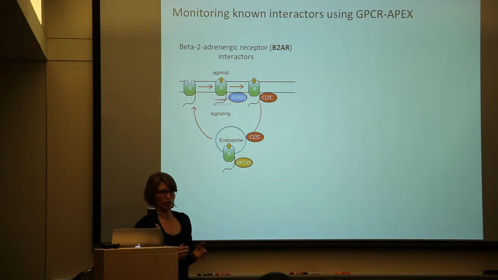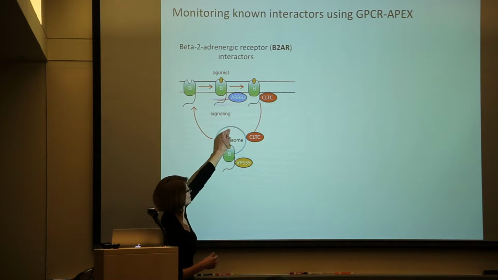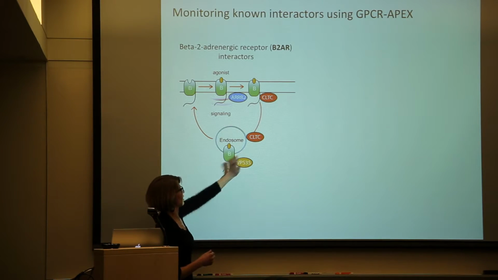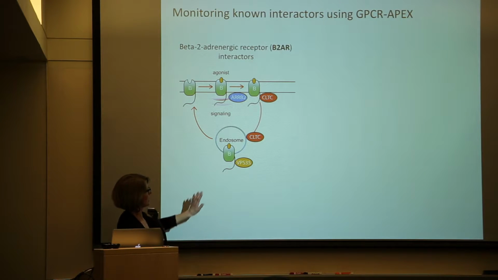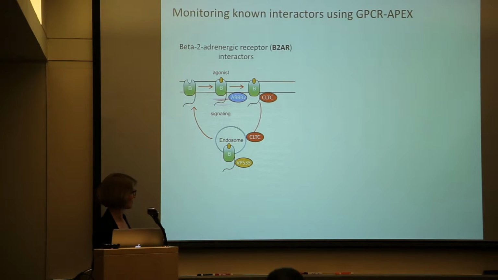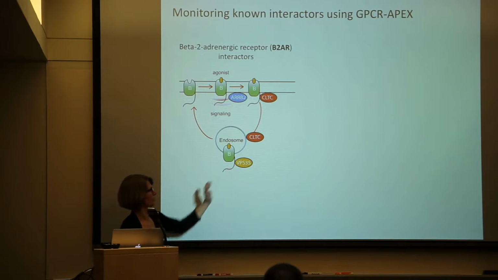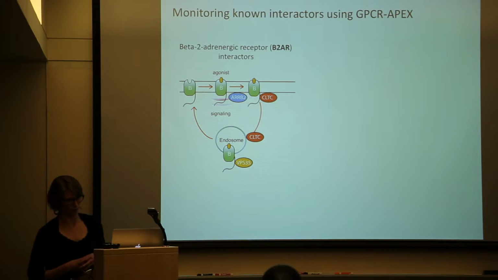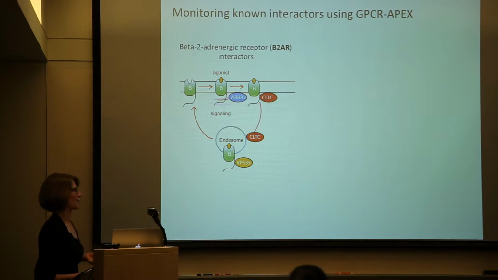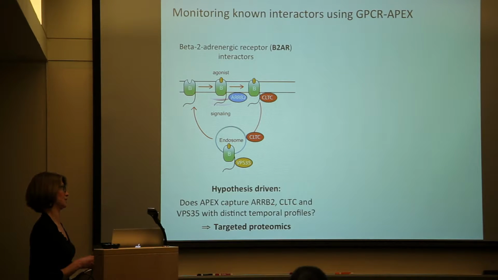Then the receptor moves to the clathrin-coated pit, so clathrin interacts during endocytosis and while the receptor traffics to the endosome. At the endosome, the receptor interacts with the endosomal sorting complex, and VPS35 is one part of the complex.